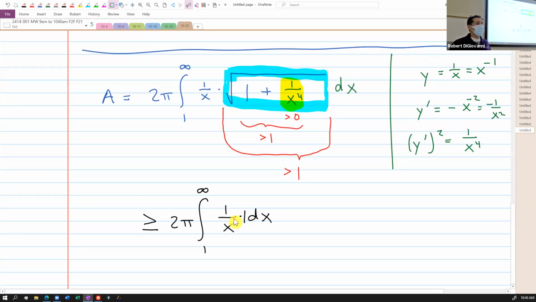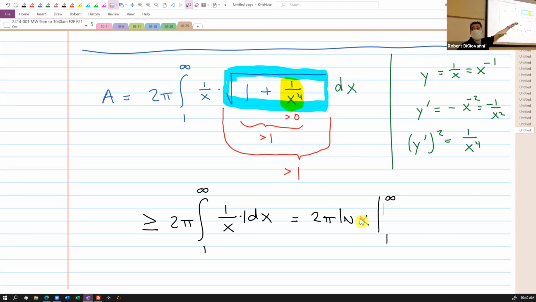What's the antiderivative of 1 over x? Natural log. So this is equal to 2 pi natural log x evaluated from 1 to infinity. But what happens here? If you let x go to infinity, what does the natural log of infinity do? What does a natural log function look like as you go out to infinity?